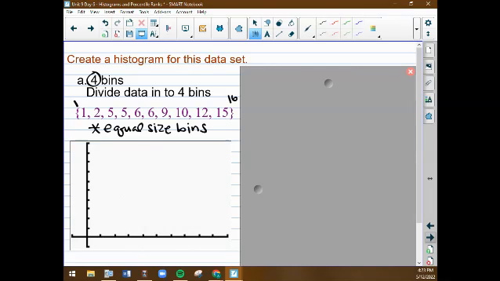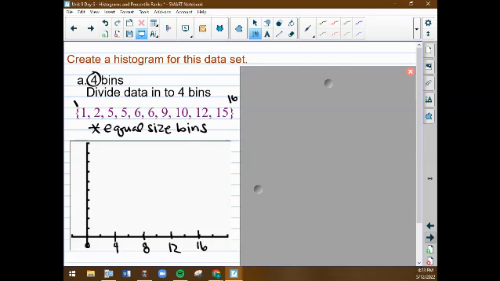Just like on a normal x-axis, we have to count by equal increments, okay? So I'm going to say right here 0 typically, and I'm counting by 4s, so 4, 8, 12, 16. Okay, so that contains my minimum data point and my maximum data point.